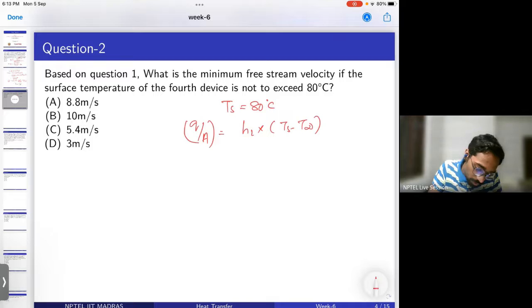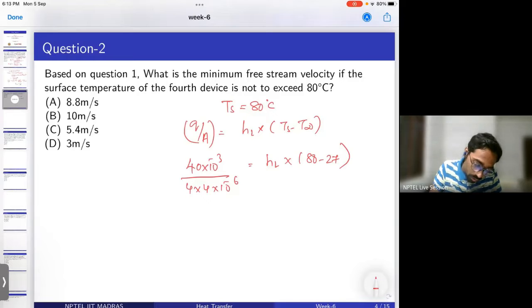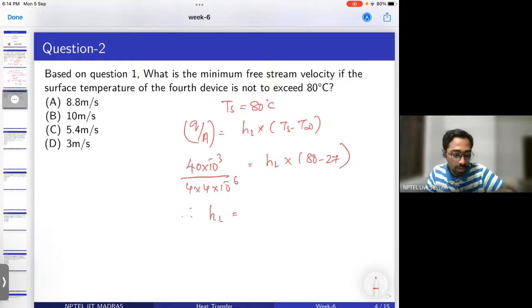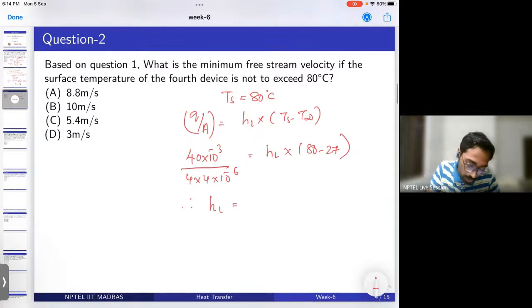So this is 40 into 10 raised to minus 3 divided by 4 into 4 into 10 raised to minus 6 is equal to h_L into (80 minus 27). So the h_L, that is the minimum heat transfer coefficient required to maintain this surface temperature, we can find it. It should be around 47.17 watts per meter square Kelvin.